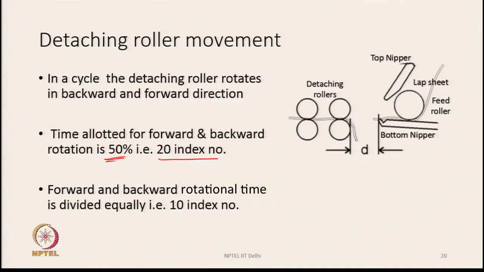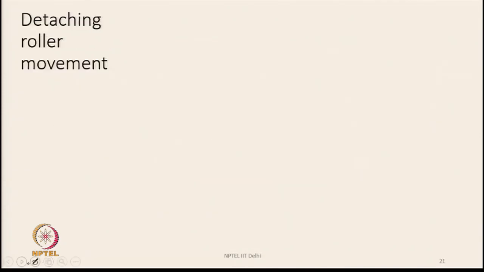Combined timing required to complete the forward and backward rotation is 20 index number. And now, for forward and backward rotation, the time is divided equally. That means, we give 10 index number for forward rotation and another 10 index number for backward rotation. This is how the detaching rollers are made to rotate.